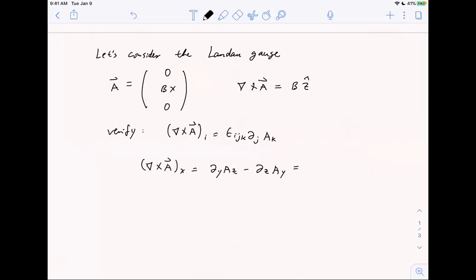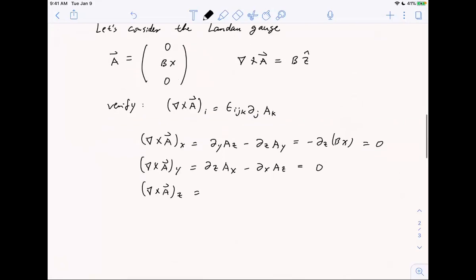The y component is Bx, but there's no z dependence, so it's 0. If you consider the y component, then you have ∂z Ax minus ∂x Az, and the A x and z components are all 0. So it's also 0. If you consider the z component, you have ∂x Ay minus ∂y Ax. So the y component here is Bx.